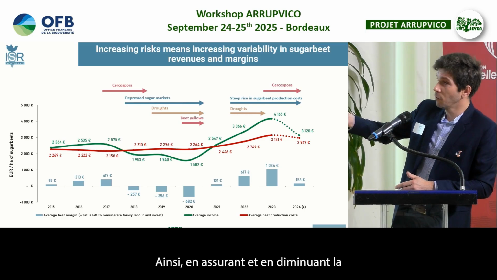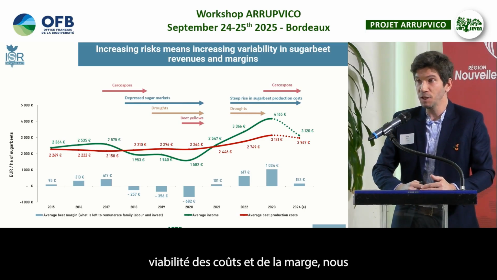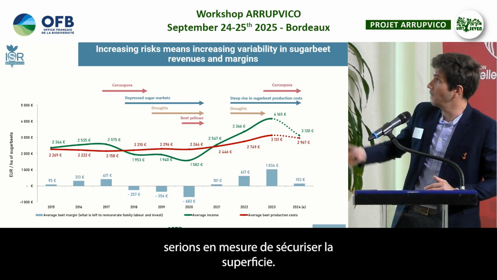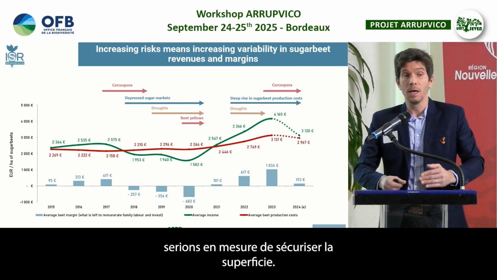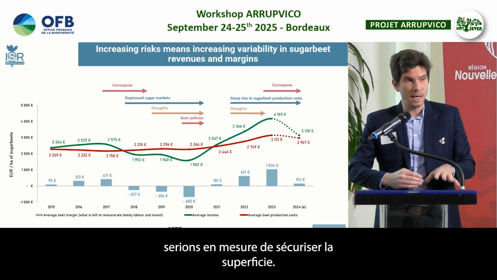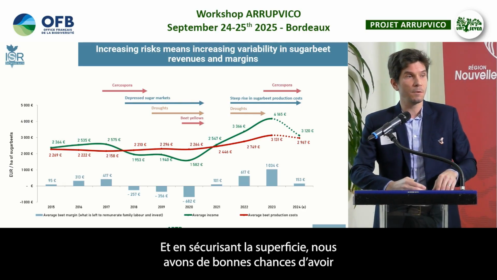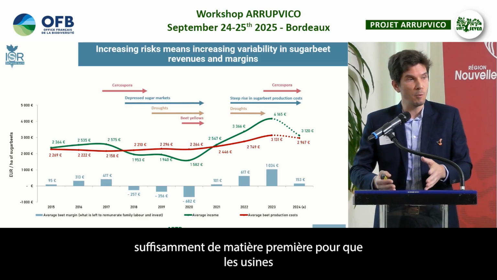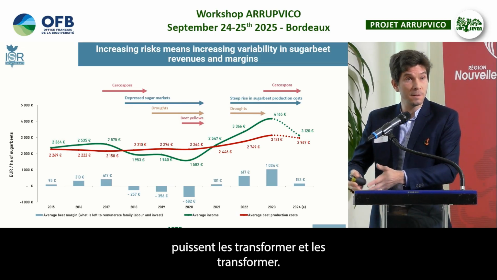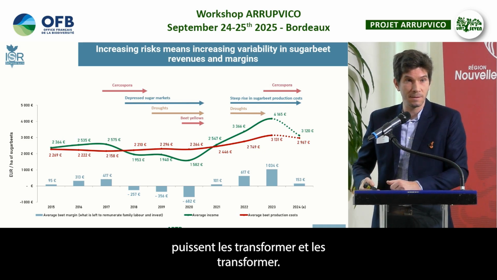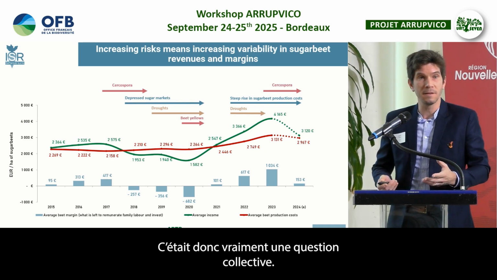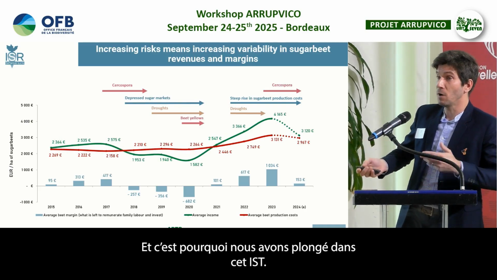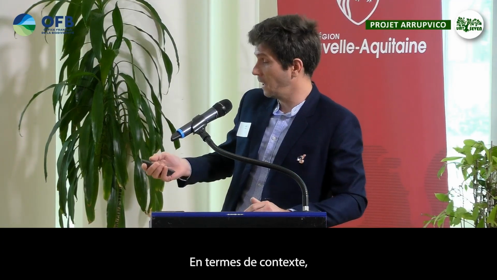So by securing and diminishing the variability of the costs and the margin, we would be able to secure the acreage, and by securing the acreage, we have a good chance that we will have enough raw material for the mills to transform and process. So it was really a collective issue, and this explains why we dived into this IST.